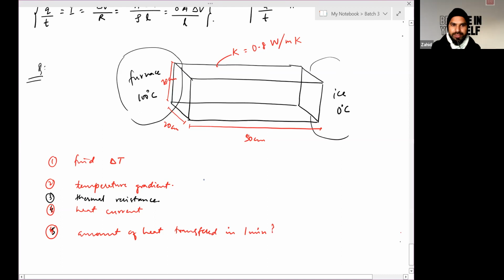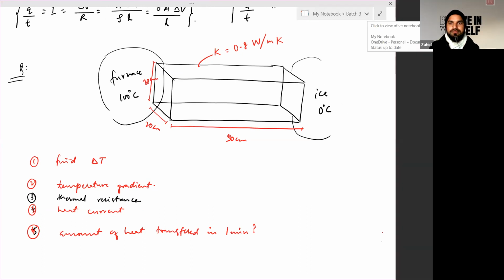Riba, what do you mean by temperature gradient? Nida, what do you mean by gradient?